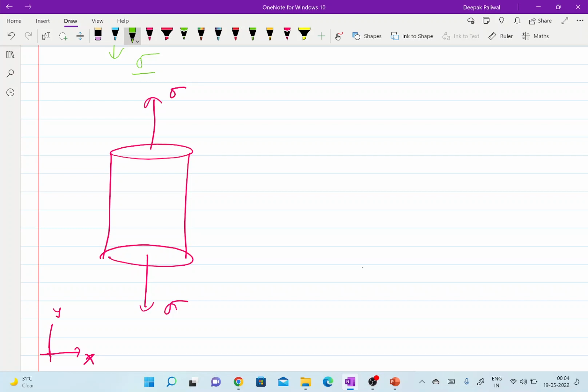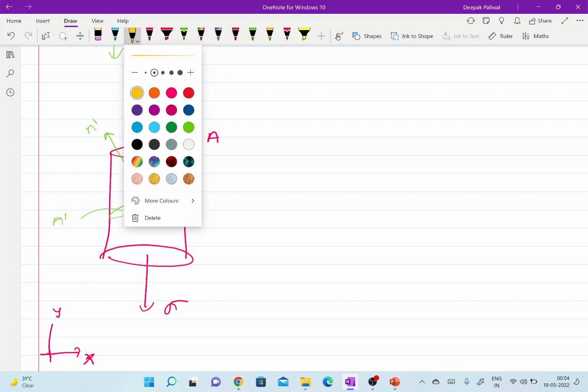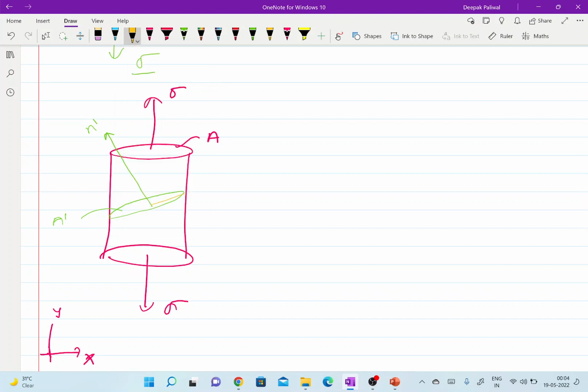Let me have an arbitrary slip plane, which has the slip normal and area A prime. Let me call this area A prime, this area is A, and let me use some other color to show the slip direction. So this is our slip direction, and this is our axis of loading.